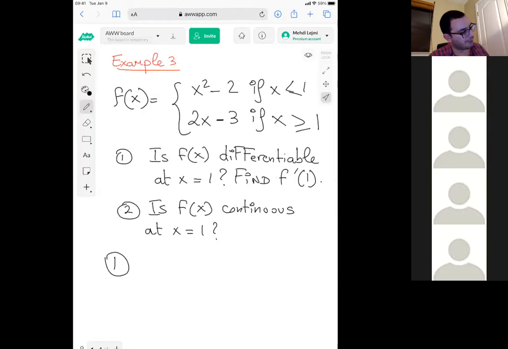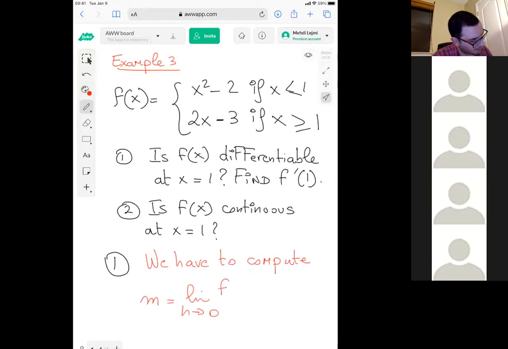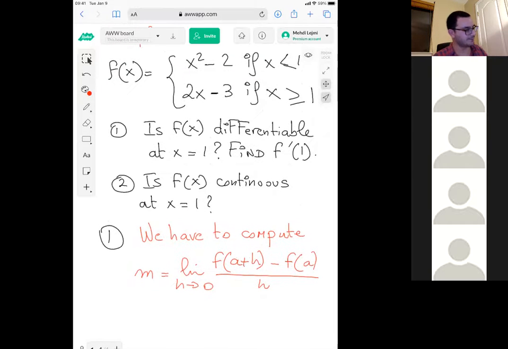So let's compute the number m. Okay, so all you have to do, you have to compute our slope m. So m, which is limit h going to 0 of f of a plus h minus f of a over h. And again, h always goes to 0, right?